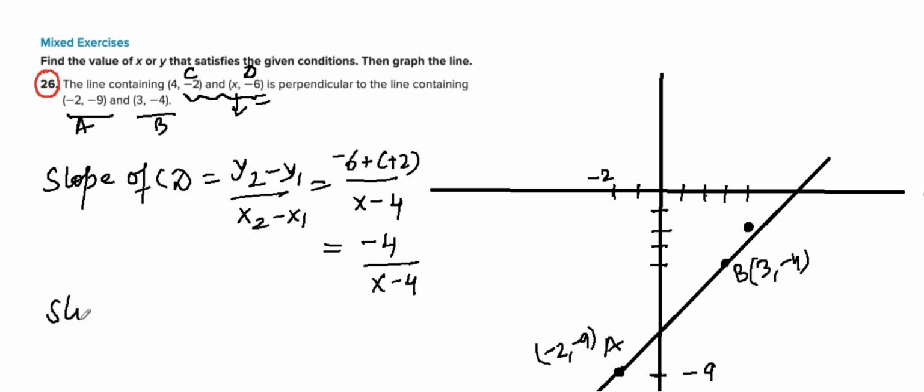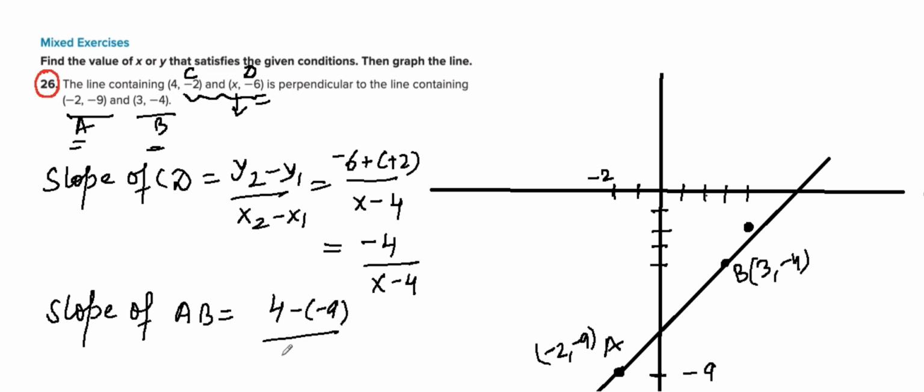Now what will be the slope of AB? For these given points, directly I'm doing y2 minus y1: minus 4 minus minus 9, and 3 minus minus 2. Minus minus plus, 9 plus 4, 13, and minus minus plus, 5, so 13 over 5.